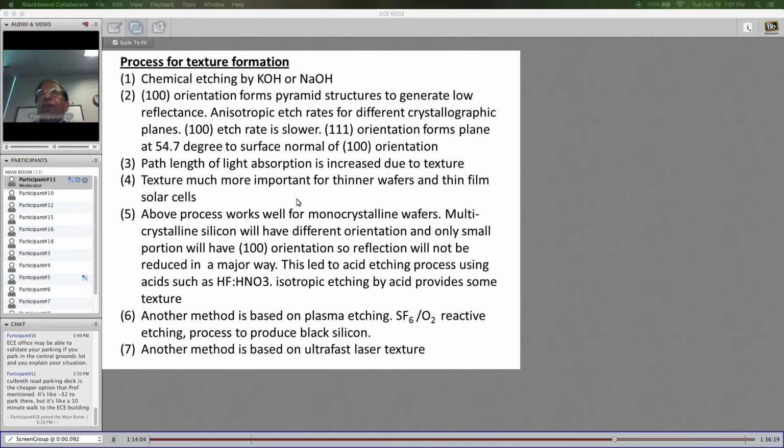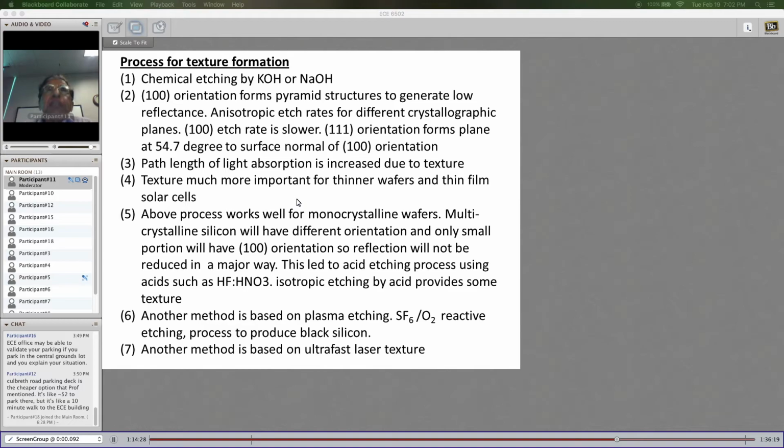So trapping that light into 100 micron is a little harder than doing it in 200 micron. So this texture and anti-reflection used for thinner wafers is even more important, and becomes more important still if you use thin film solar cells. Okay.